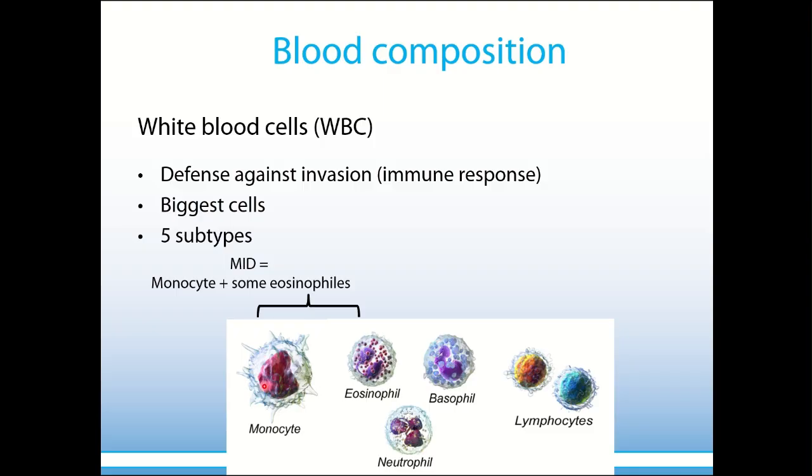The monocytes, together with small eosinophils, are called the mid-sized cells. Granulocytes, they contain 3 different white blood cell types, and the lymphocytes.